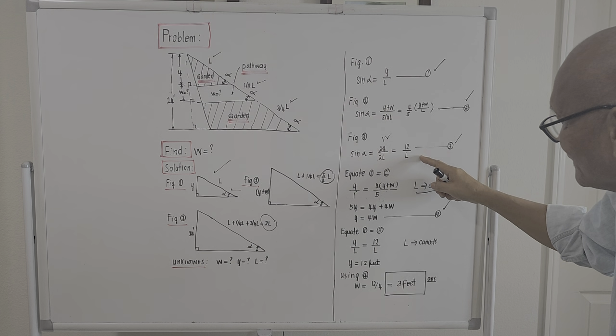So y over 1 is equal to 12 over 1. So y will be equal to 12 feet. This value y here, this portion, is actually 12 feet.